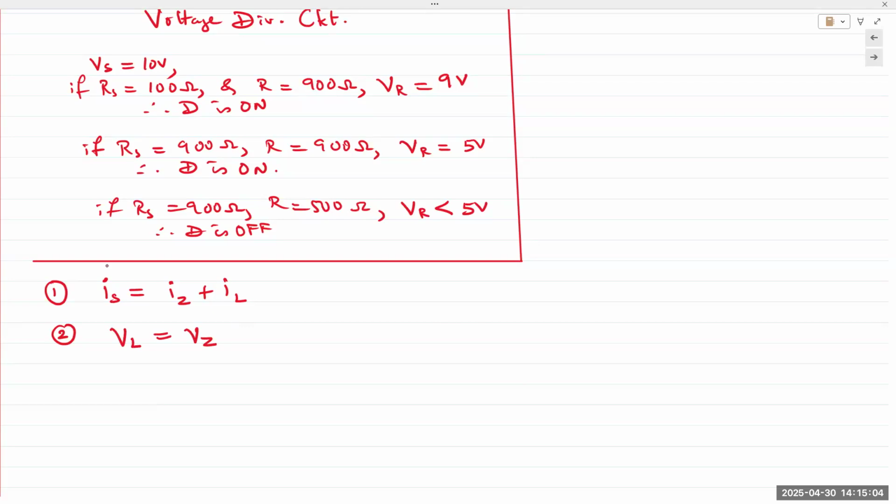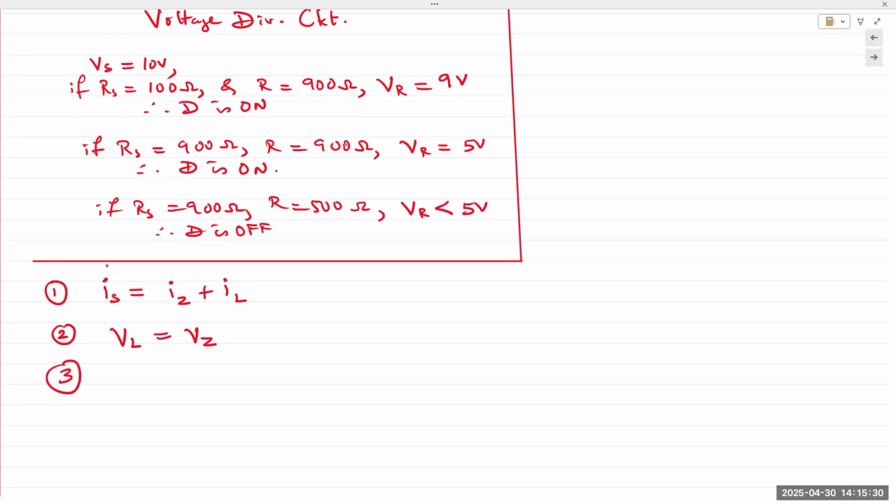If it's a properly designed regulator and the circuit is functioning as intended, then VL will always be equal to VZ. So in most books, most classes, most authors will simply use VZ for the output voltage. They would not use VL. They would simply state VZ. That's it. Because VZ is the one that's being collected at the output. So that's the second point to keep in mind.